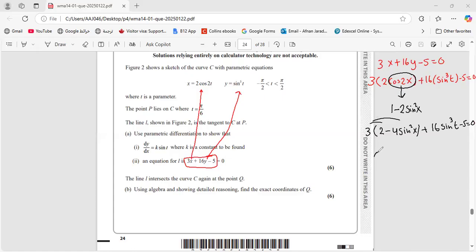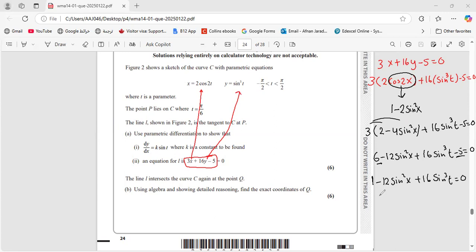Distribute 3, it will be 6 minus 12 sine square t plus 16 sine cube t minus 5 equals to 0. 6 minus 5, add or subtract like terms, it will be 1 minus 12 sine square t plus 16 sine cube t equals to 0.